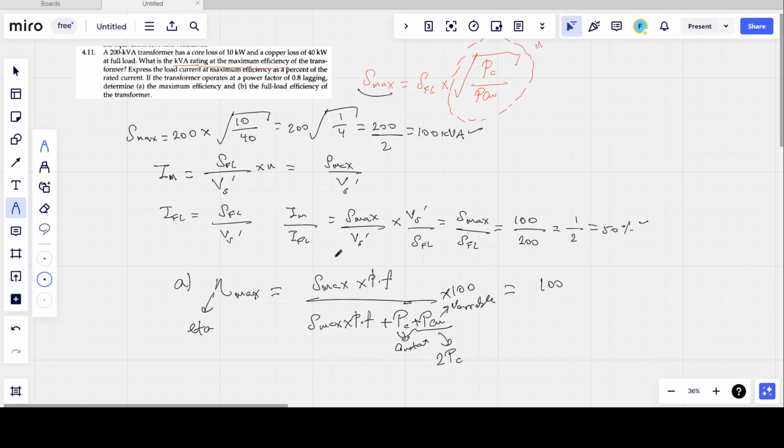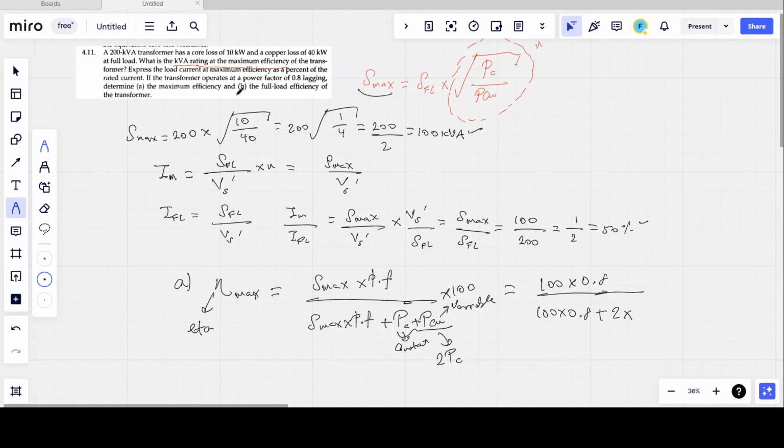So this is 100, and the power factor is 0.8, because they say that if the transformer operates at a power factor of 0.8 lagging, determine the maximum efficiency. So it's 100 times the power factor, sorry, 0.8, divided by 100 times 0.8, and then we add this to 2 times PC.